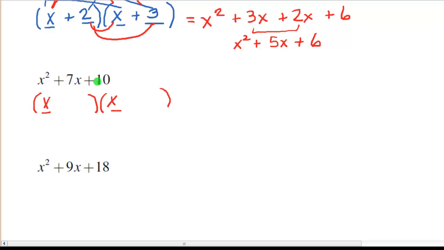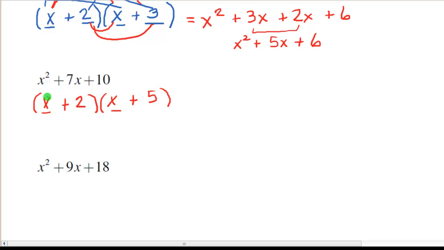So we need two numbers that multiply to a positive 10 and add up to a positive 7. If you said positive 2 and positive 5, then you're correct.